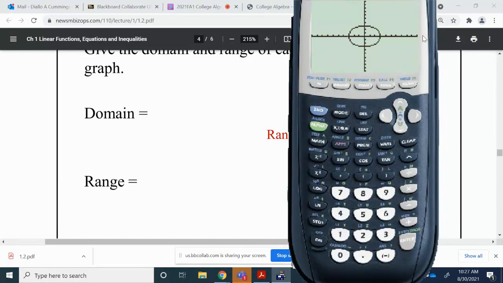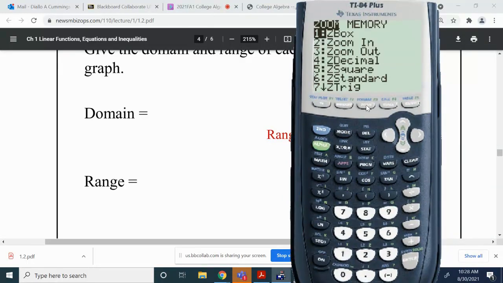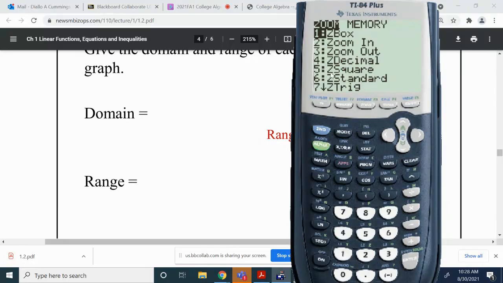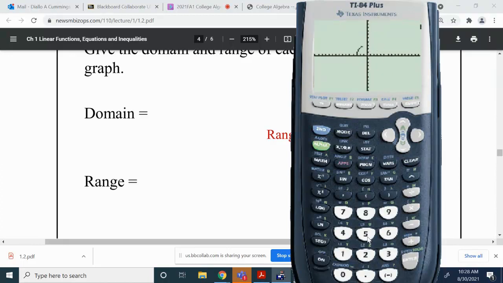And notice that this is the graph of a circle. It looks oval shaped, but if you were to zoom, I'm sorry, not zoom standard, it is zoom square, I believe, it would make it appear to be more circular.